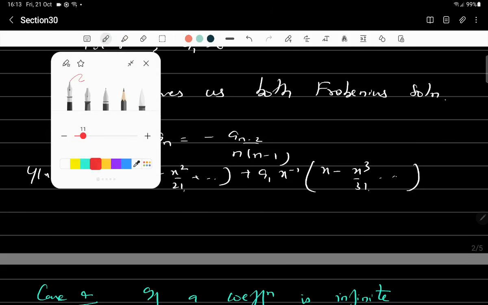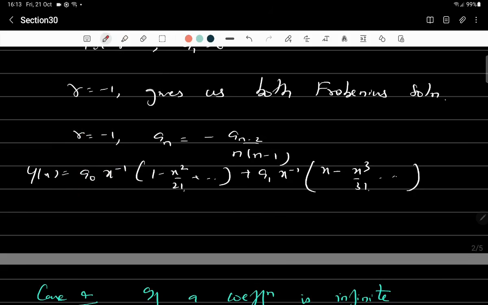Now a very important observation comes into the picture. This can be written as a0 x raised to the power minus 1 (1 minus x square by 2 factorial and so on), and this, if I take x raised to power minus 1 inside, is x raised to the power 0 (1 minus x square by 3 factorial and so on).